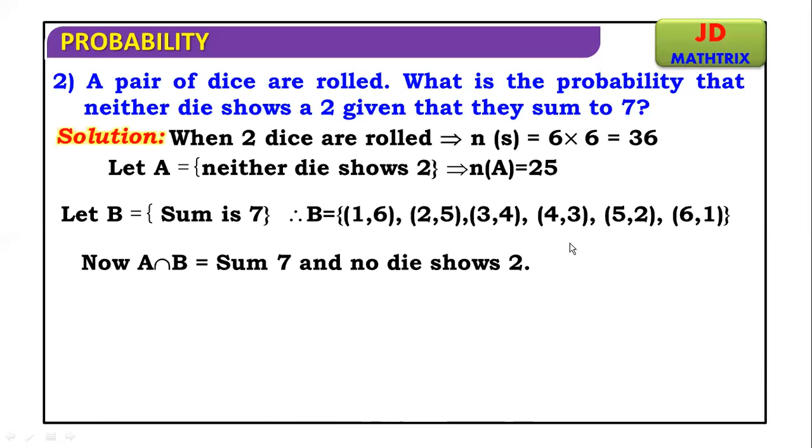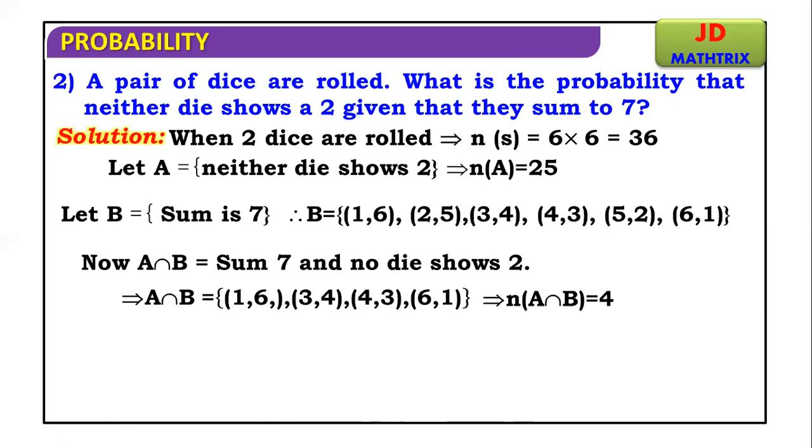So we have to write the entries whose sum is 7 but neither die shows 2. Then A intersection B can be written as (1,6), (3,4), (4,3), (6,1). Then n of A intersection B equal to 4.